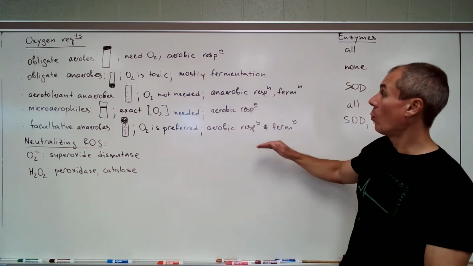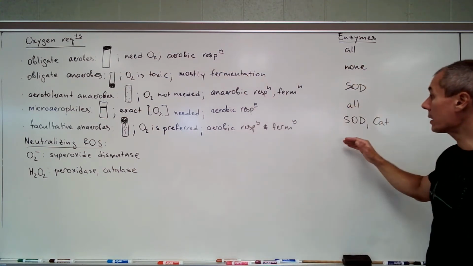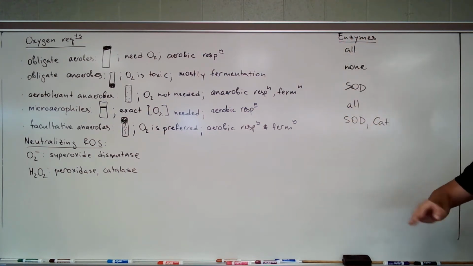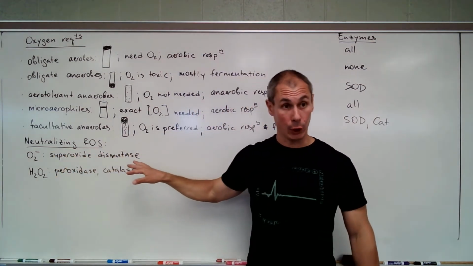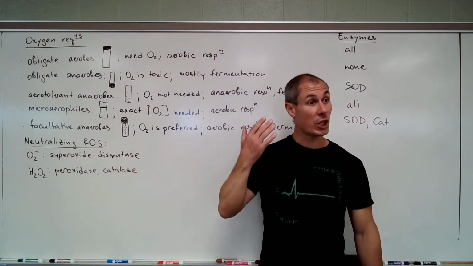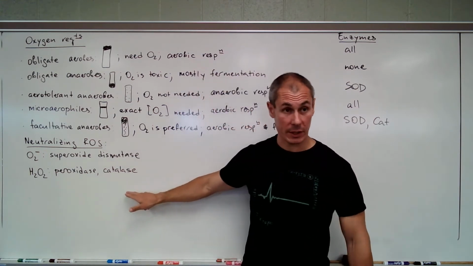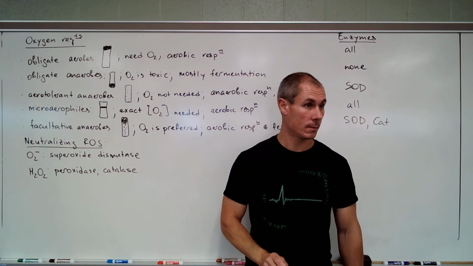What kind of metabolism they use. I'm not going to ask about the presence of enzymes, but you certainly must know what these enzymes do. So if I ask you which enzyme neutralizes hydrogen peroxide, this or this, please don't invent new ones. Okay?